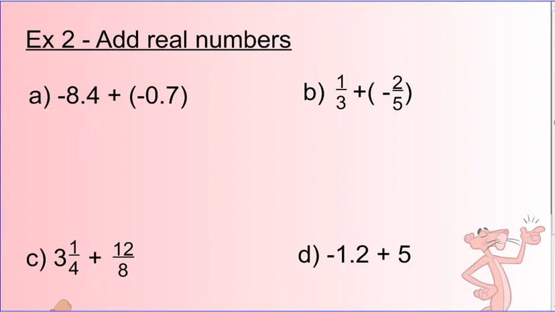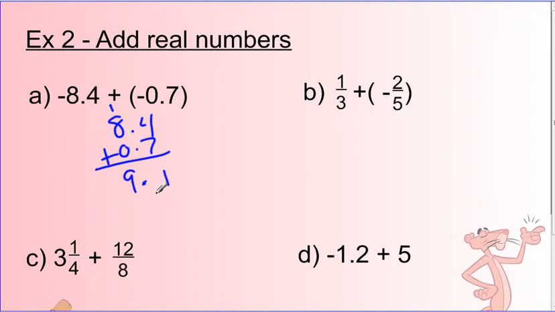So, letter A. I look at the 2 numbers. They have the same sign. They're both negative. So I'm going to add them together. So I take my 8.4 plus 0.7. Decimals are lined up. And now I add. 4 plus 7 is 11. 8 plus 1 is 9.